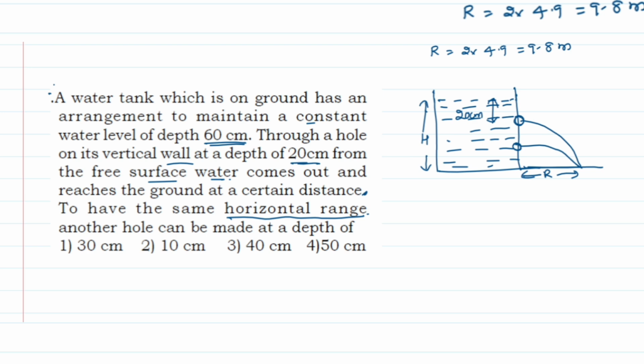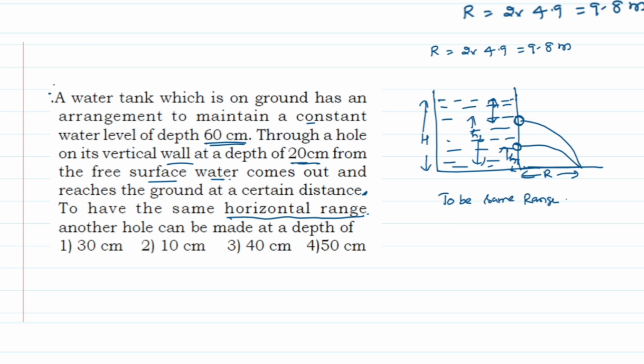Here you just remember a simple concept. If this is at a height h1, and if it is here from the bottom at a height of h2, then you can calculate to get the same range.